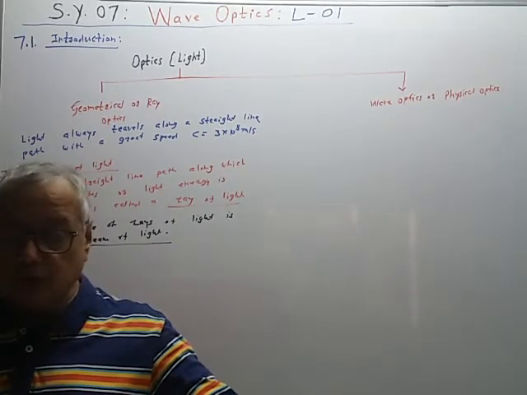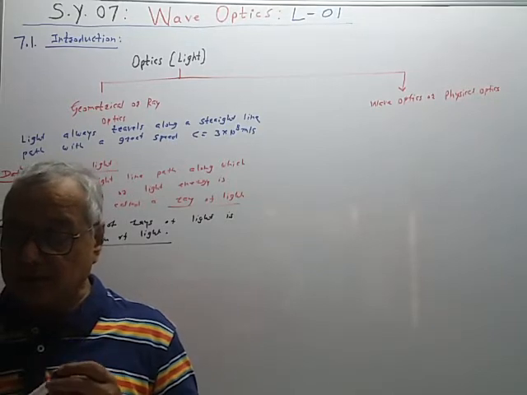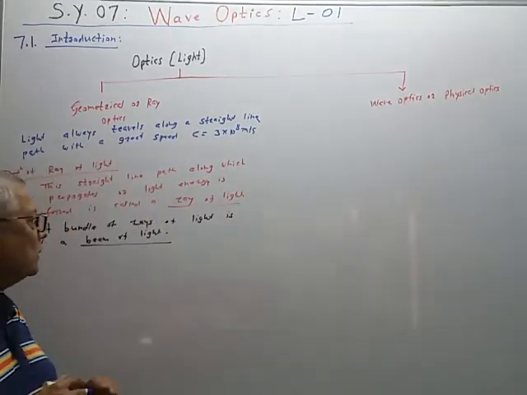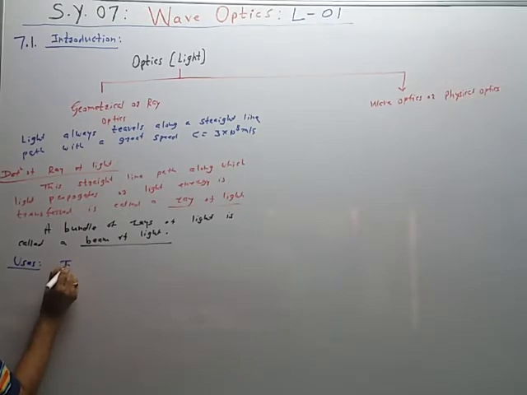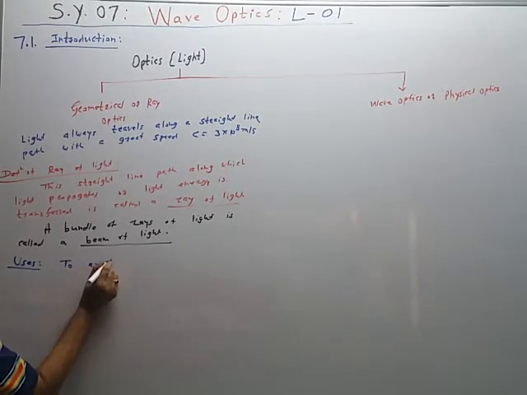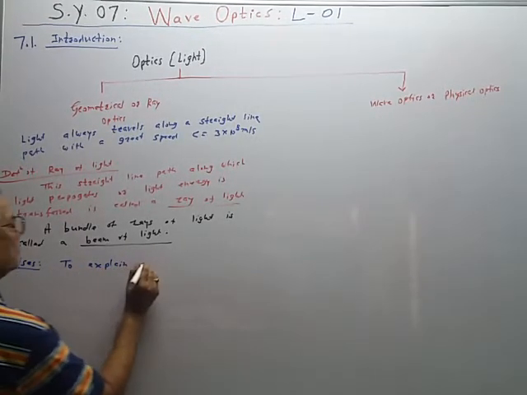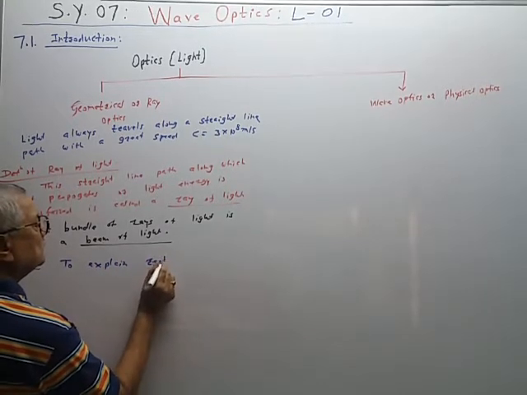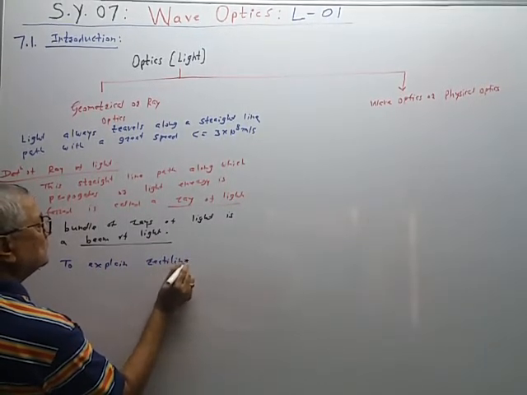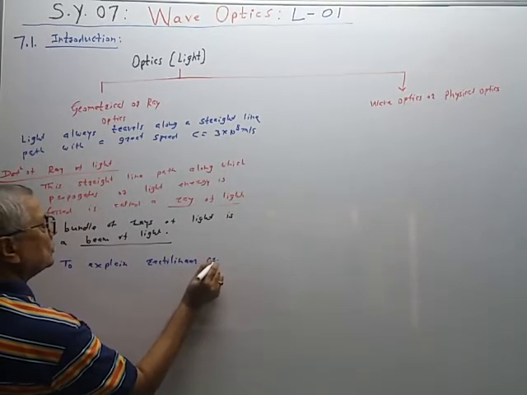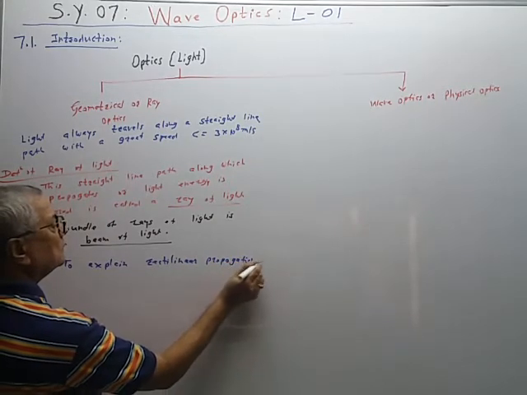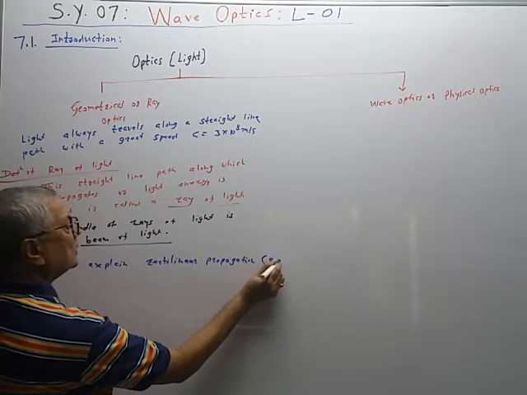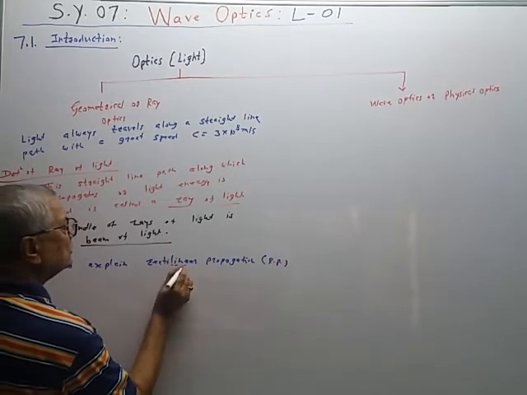This ray optics is useful in understanding phenomena like this. Uses of ray optics: to explain rectilinear propagation, in short RP. Linear means along the straight line.